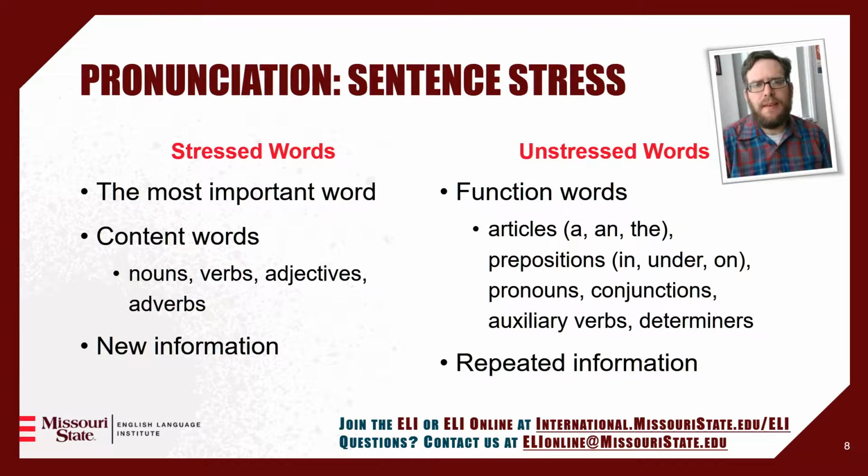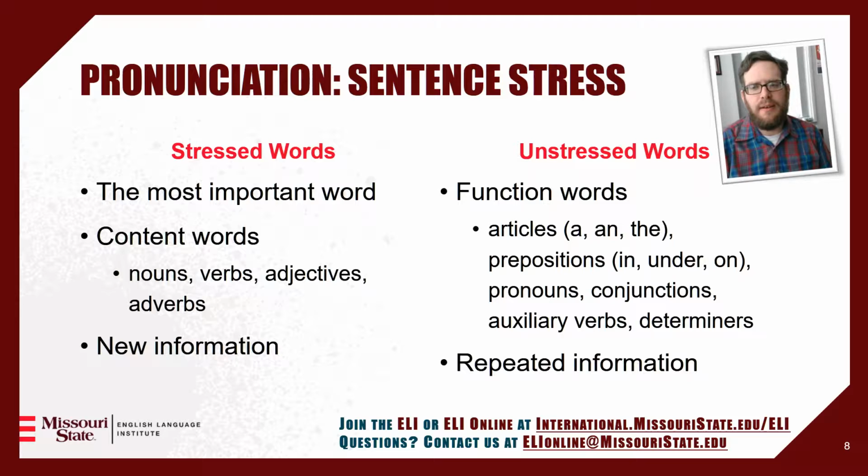Okay? But the other stressed words are in classes at the ELI, we call them content words. They give you information about the meaning of the sentence. Okay? So things like nouns, verbs, adjectives, or adverbs. These are words that we stress and say clearly because they give the information.